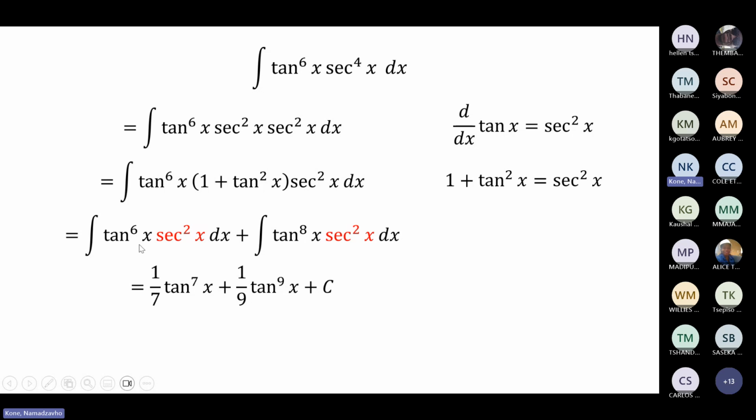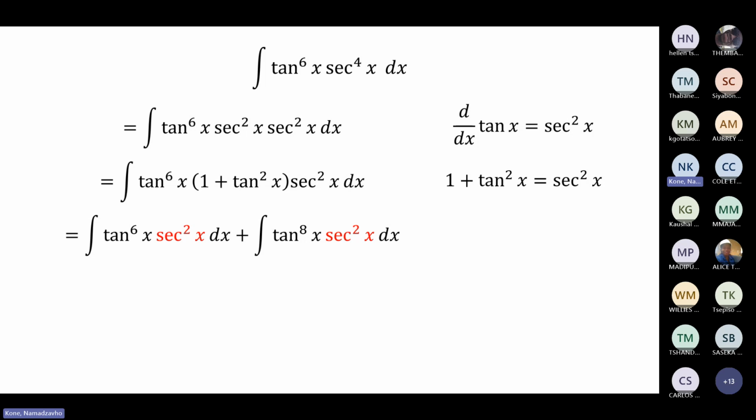Now, our tan of x, if you go look at rule number 2. Rule number 2 says you must have an f of x which is raised to an exponent n.